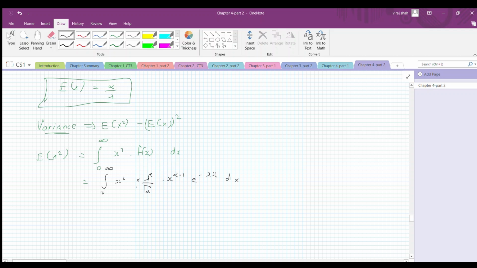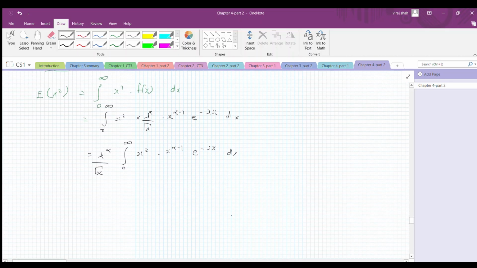If you see, this term is basically a constant. If this term is a constant, I can take it out. So I am left with lambda raised to alpha upon gamma of alpha, integration from 0 to infinity, x square into x raised to alpha minus 1, e raised to minus lambda x dx. Similar steps, I can combine these two now.